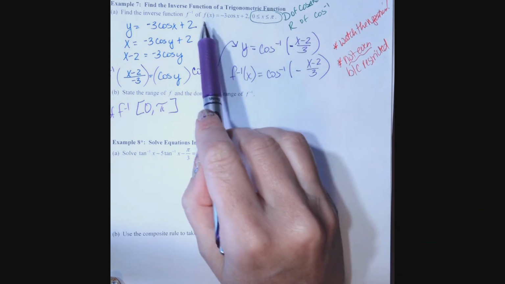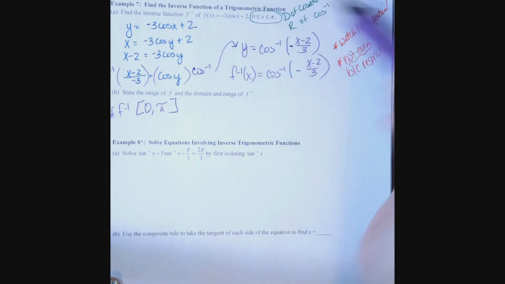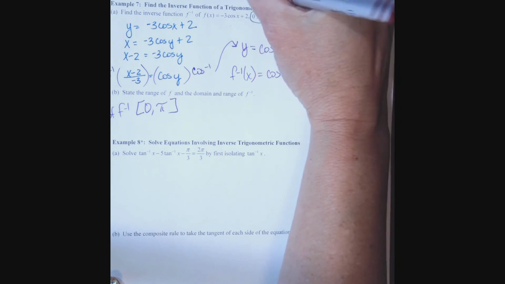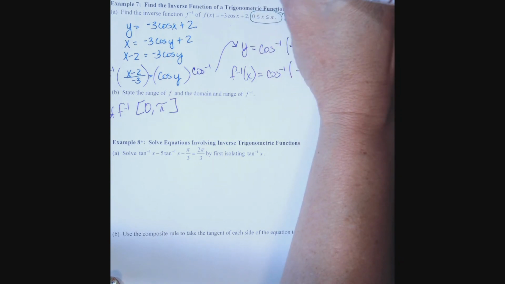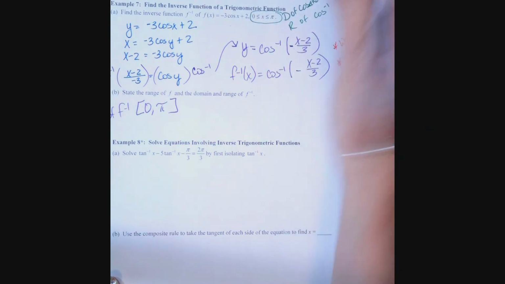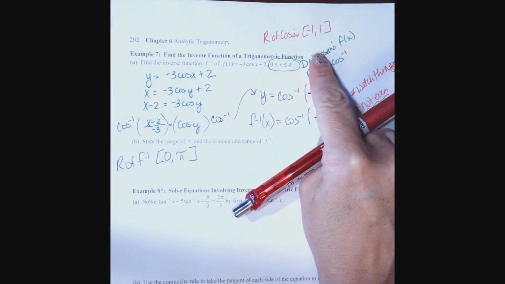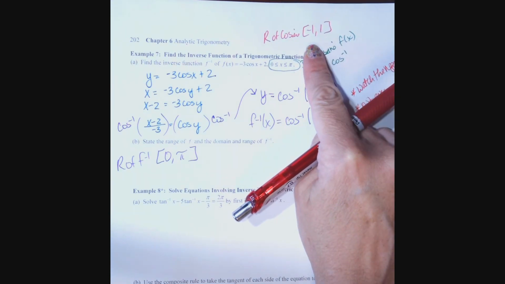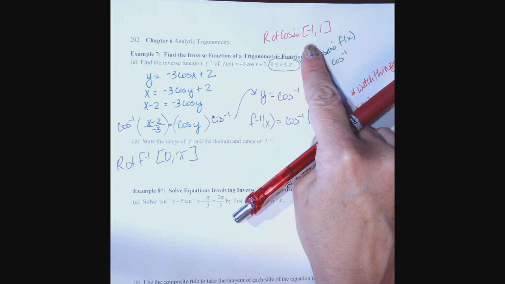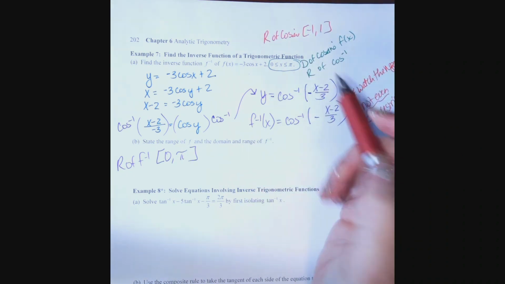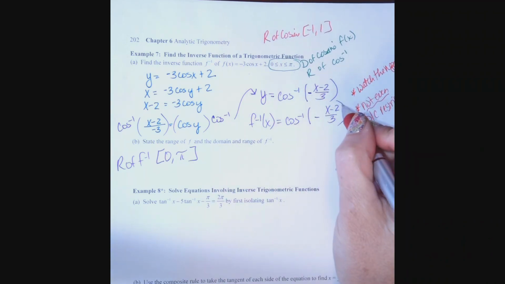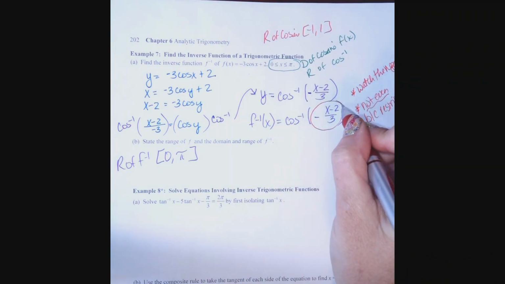The range of cosine is from -1 to 1, right? That becomes the domain of our inverse function, except I need to do a little work there, because now I've got this argument instead of just x.